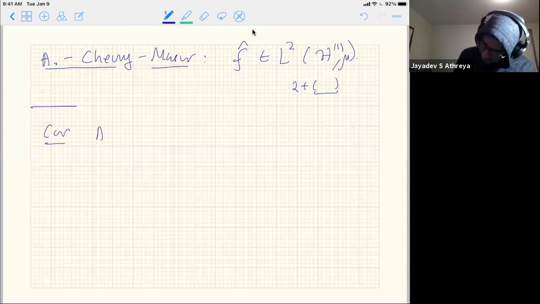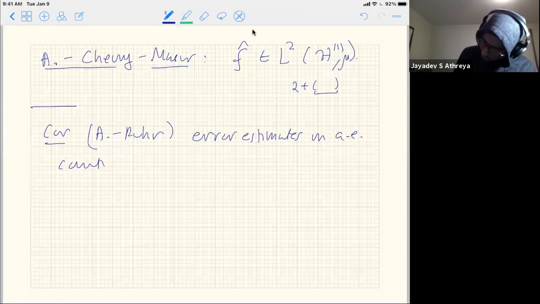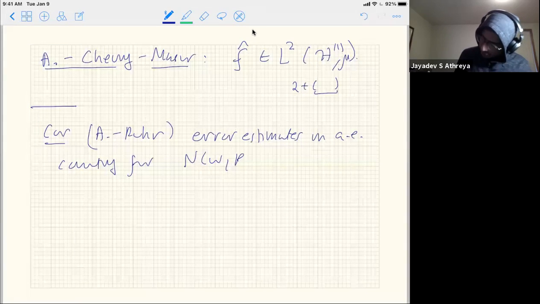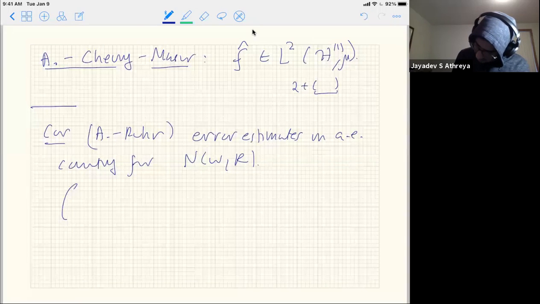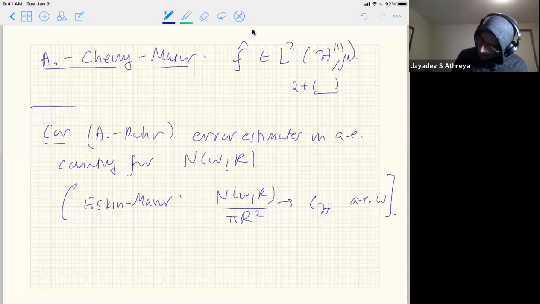In an appendix to this paper, René Rohr and I use this to get error estimates in almost everywhere counting for the problem of counting the number of saddle connections N(omega, r). Eskin and Masur proved that N(omega, r) over pi r squared converges to that constant for almost every omega, using ergodic theory. René Rohr and I get error estimates in this count just using L2.